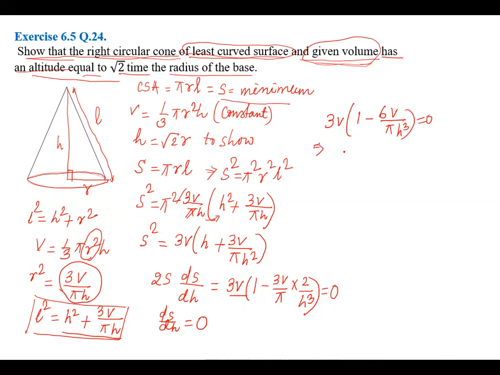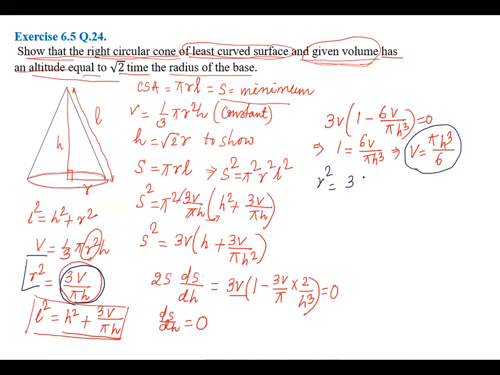So this gives me 1 is equal to 6v by pi h cube, or v is equal to pi h cube by 6. Then I'll go to the expression for r square. So r square is equal to 3v, that is pi h cube by 6, whole by pi h.